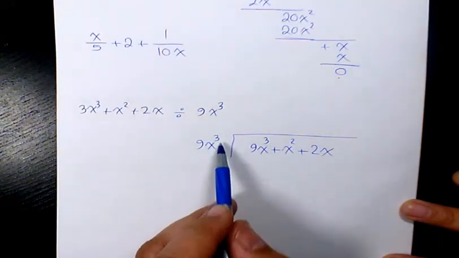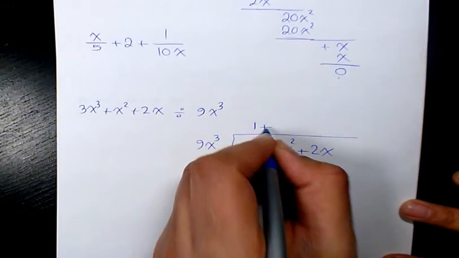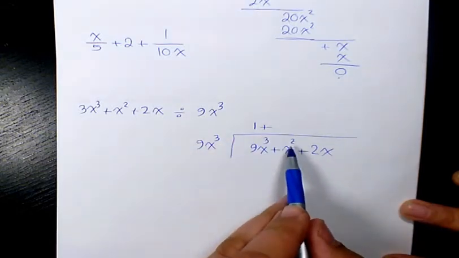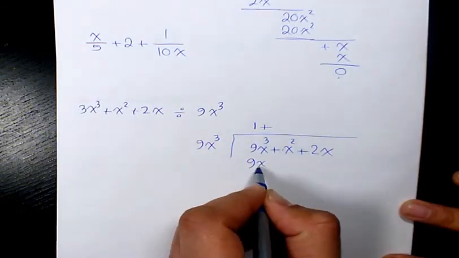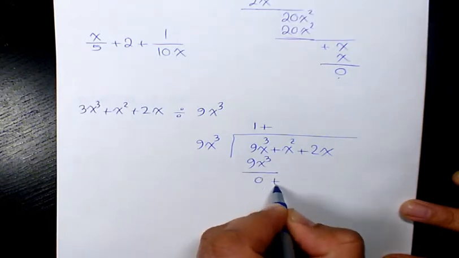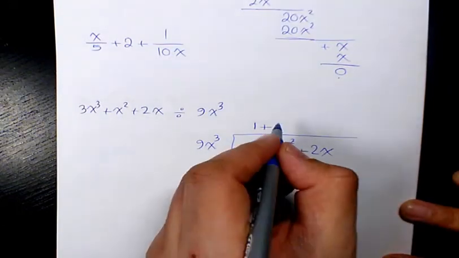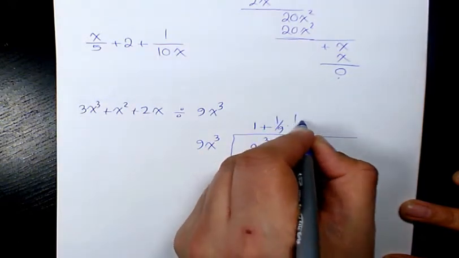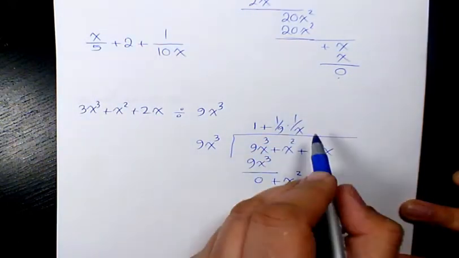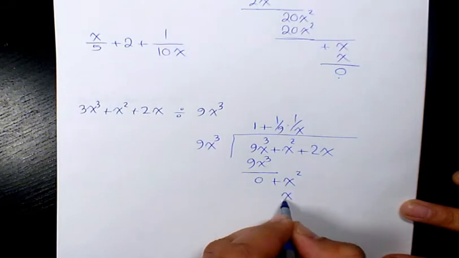9x cubed divided by 9x squared is going to be x. When you multiply it, it is going to be 9x cubed, and subtract, it is going to be 0. You bring x squared down. x squared divided by 9x squared is going to be 1 over 9 times 1 over x. When you multiply it, it's going to be x squared.